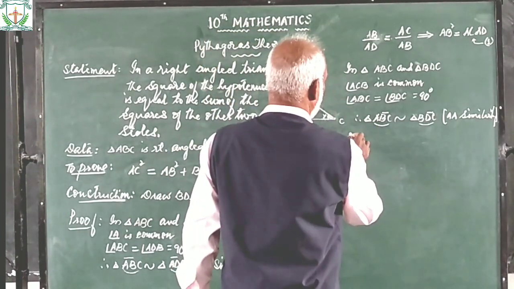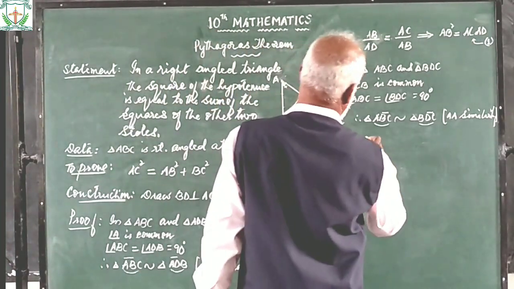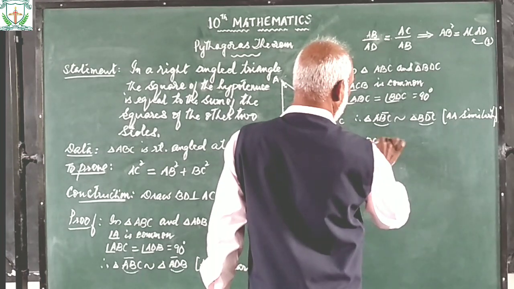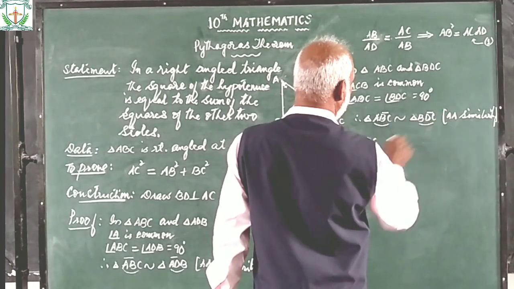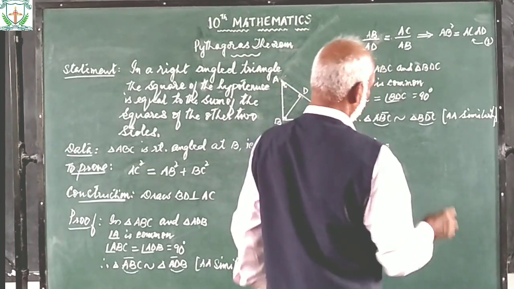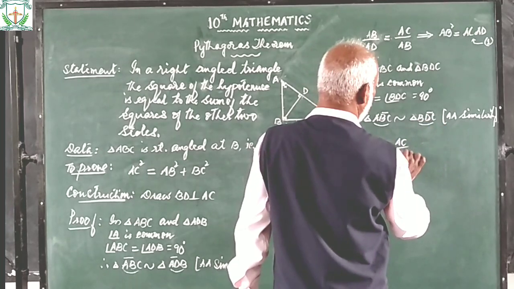So this implies BC divided by AC is equal to BC divided by... AC divided by BC.